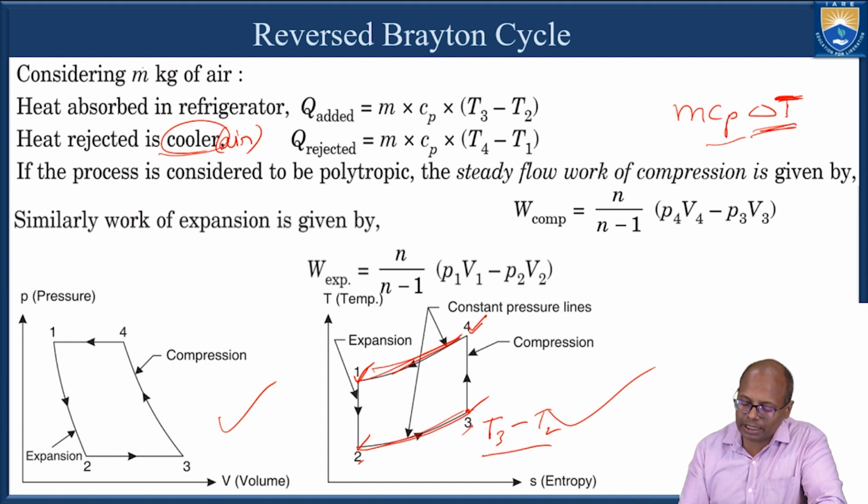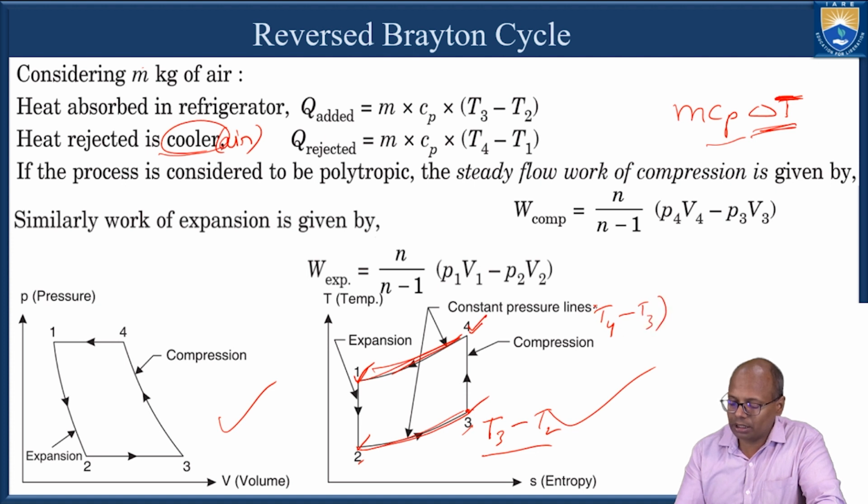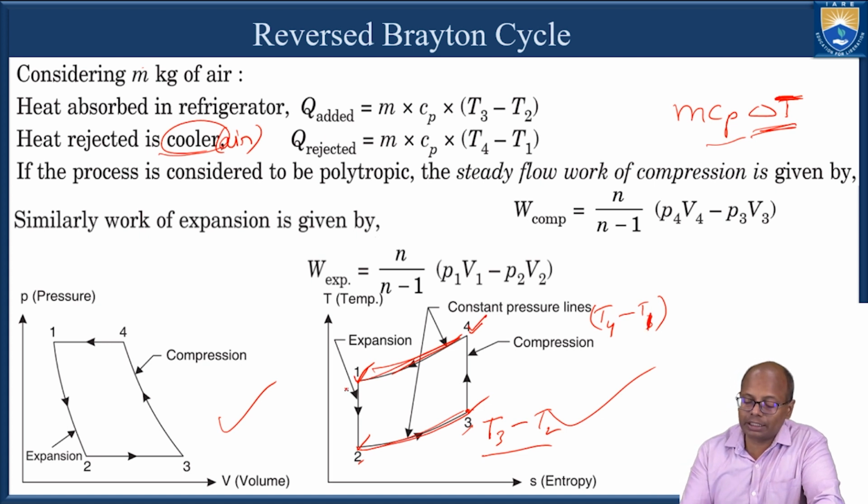Now the delta T in the case of the air cooler is T4, the inlet temperature, minus T1, the outlet temperature. So T4 minus T1 is for heat rejection, and T3 minus T2 is for heat absorption, that is the delta T.